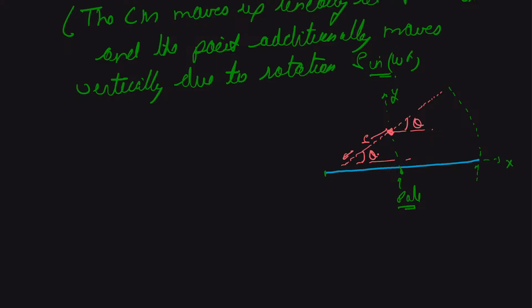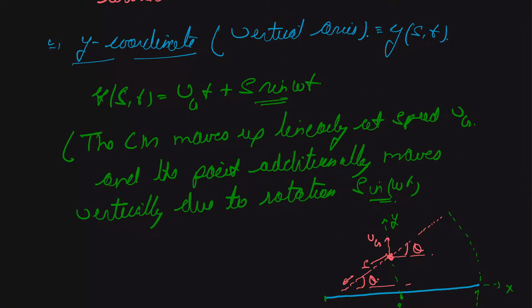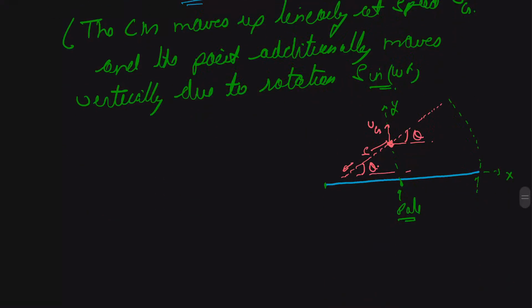In case of our vertical motion, we have to keep in mind that our center of mass is moving with the additional velocity of v of g. Therefore, the distance covered in time t will be equal to v of g multiplied by t. So this is our distance along with the rotational part, which is s sine of omega t, and with respect to this s we can find out the total distance for our vertical part.